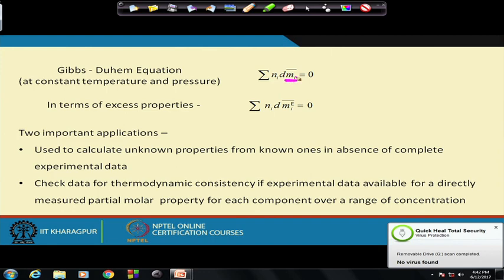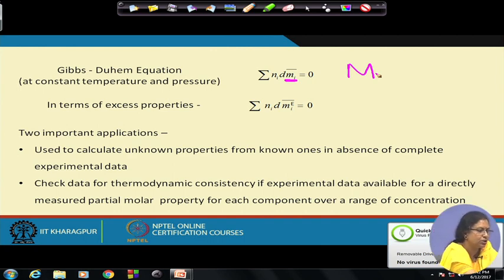refers to any particular partial molar property for the extensive property M. Now, we know that the same equation can be written in terms of partial molar excess property as well. And we know that this equation has two very important applications which we have already discussed in our previous classes.